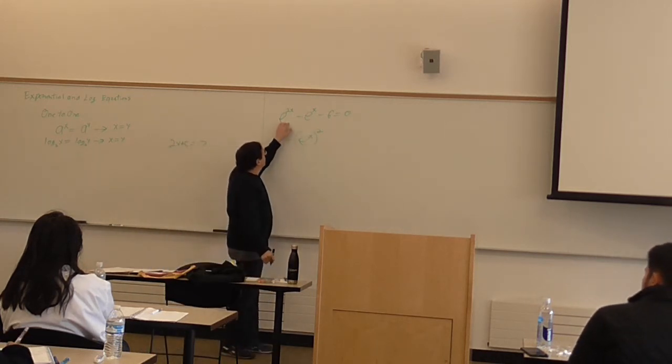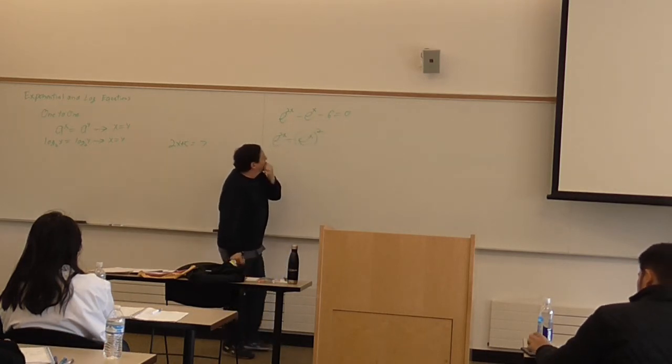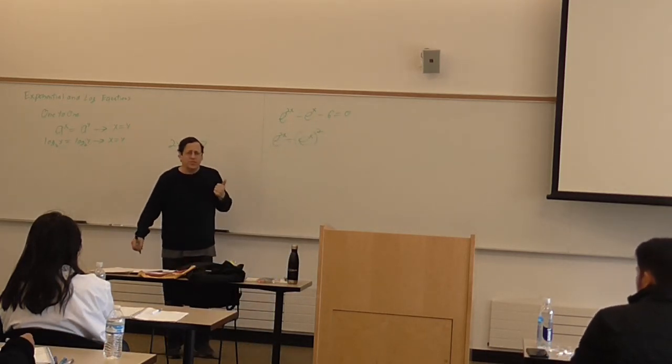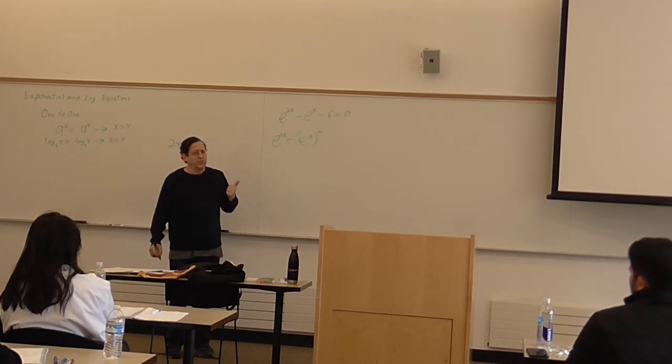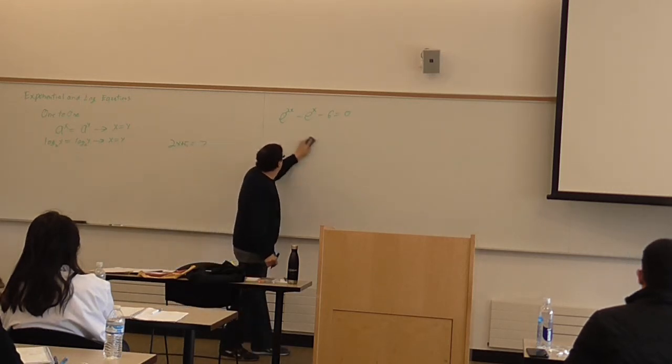So we got something squared minus something minus a constant. To me, that looks like another version of the disguised quadratic. Let me show you what I mean by that.